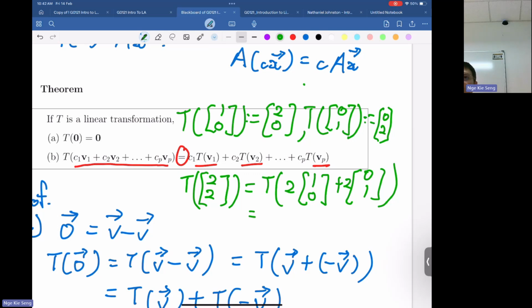To compute T on this linear combination, you just split everything out, right? 2 times T of (1, 0) plus 2 times T of (0, 1).